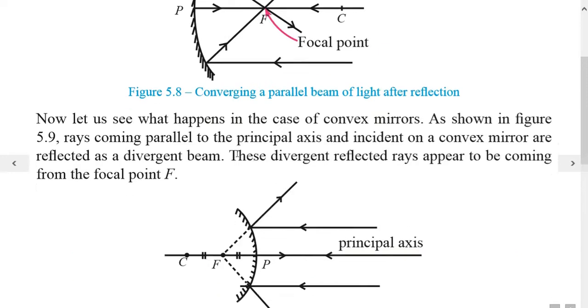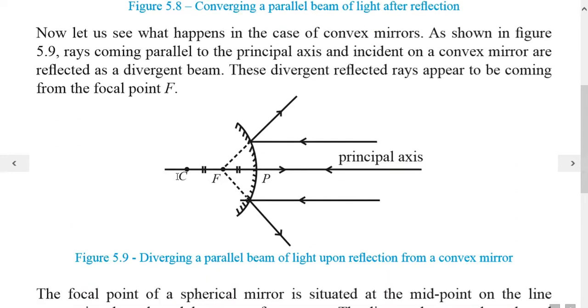Then especially we are given F and C here. F means focal point. C means center of curvature. In this diagram, the distance between P and F is equal to the distance between F and C. Then what's the meaning of that?